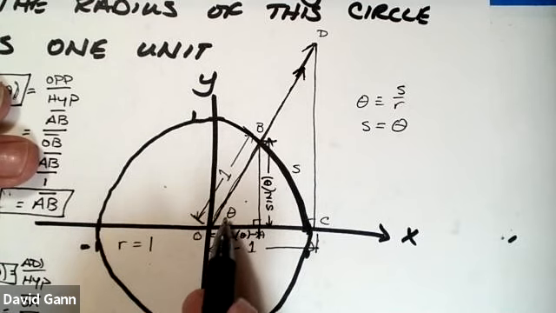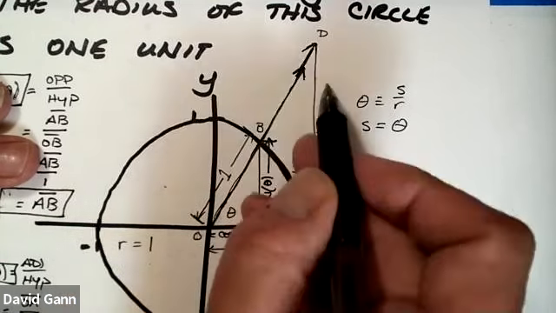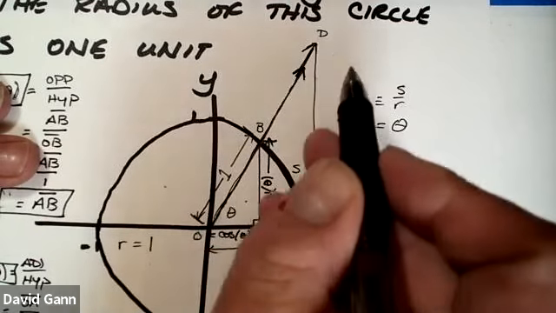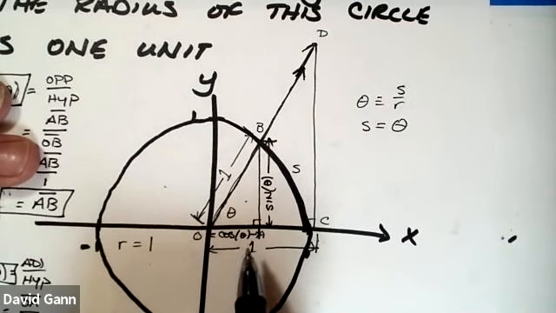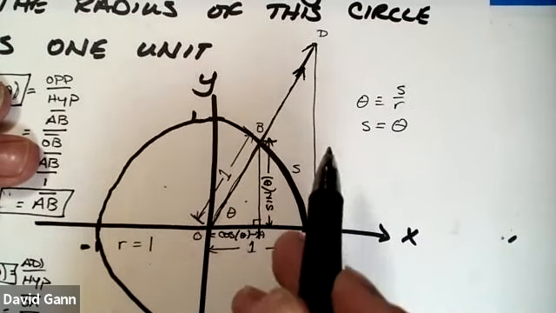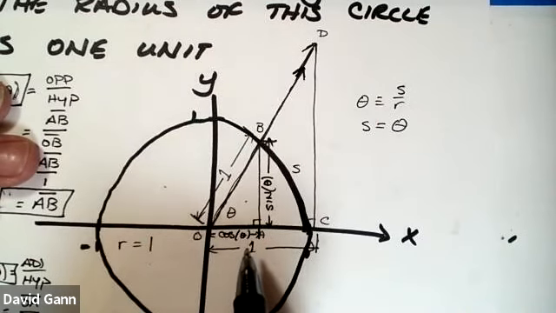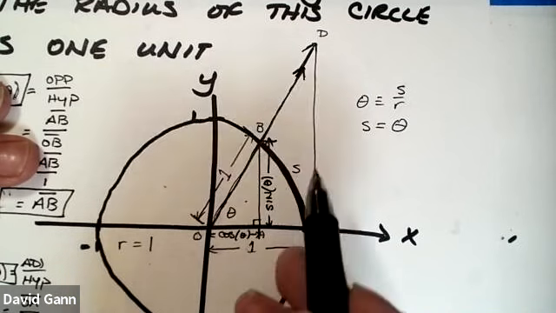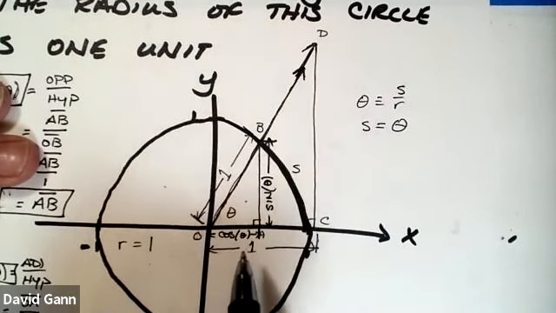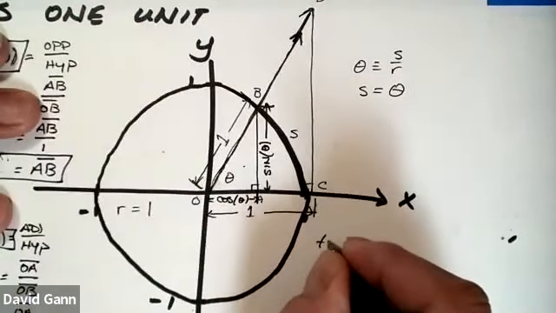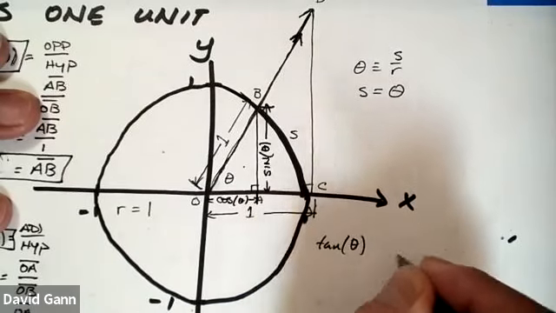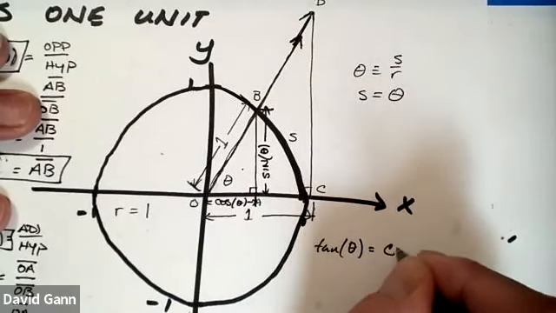So if we were to write tangent of theta in this big triangle, it is going to be opposite over adjacent. In this case, it's opposite over 1, which, just like we did over here, will tell you that tangent of theta is equal to the line segment CD.